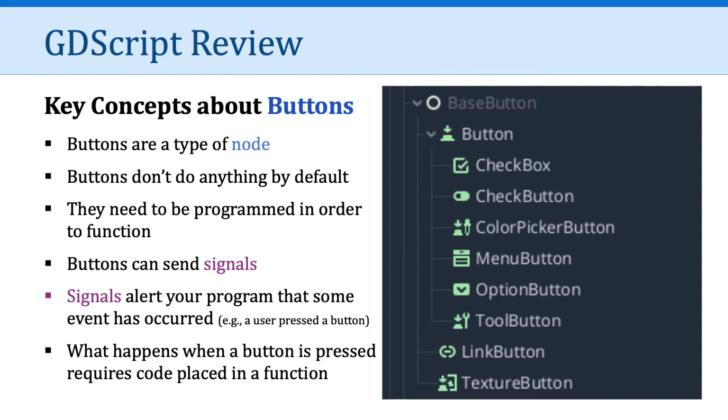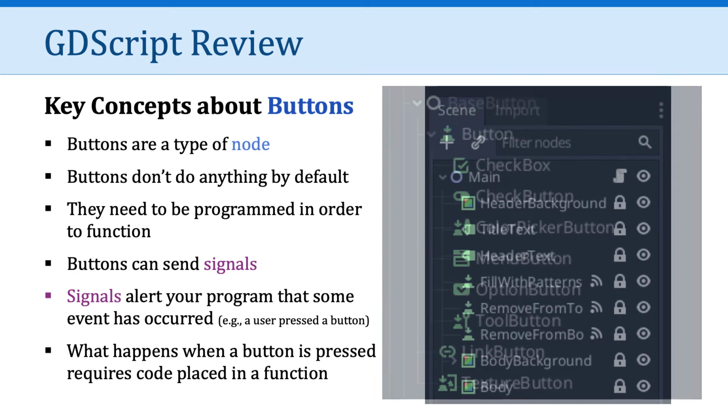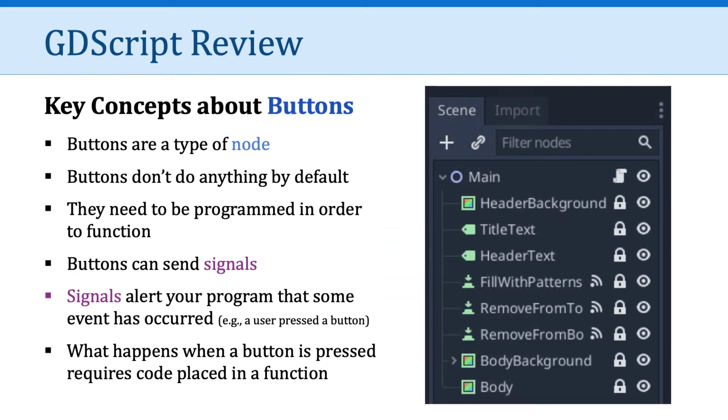How do we tell whether or not a button has a signal attached to it? Well, helpfully in the scene tree, anytime there's a control such as a button, if there is a signal attached to that button, we see this symbol, which I've circled over here on the right. And that simply indicates that there is a signal associated with that button.